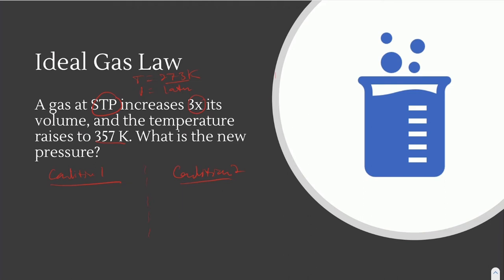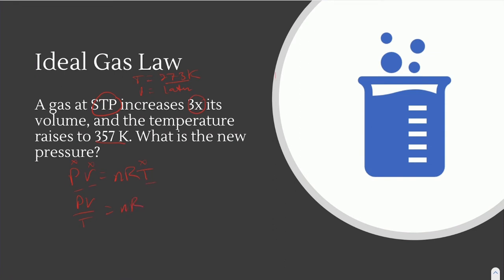So in this case, I'm going to show you a way to solve this that I think makes it a lot simpler. If you write the ideal gas law, which hopefully you know, and if not, it's on your equation sheet, but it's helpful to know off the top of your head. If you put an X above everything that is changing, and then move it algebraically to one side, in this case I know that pressure, volume, and temperature are all changing.